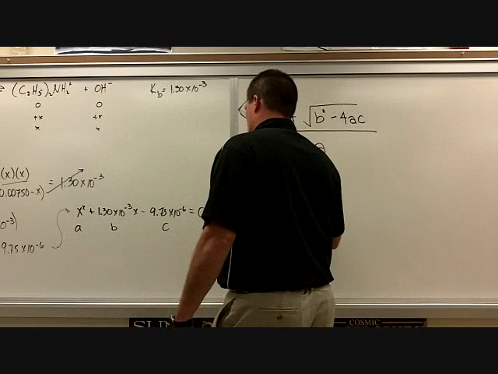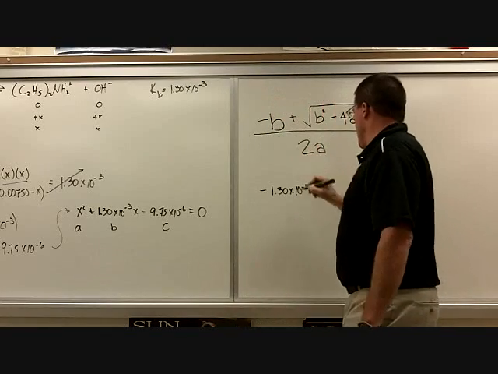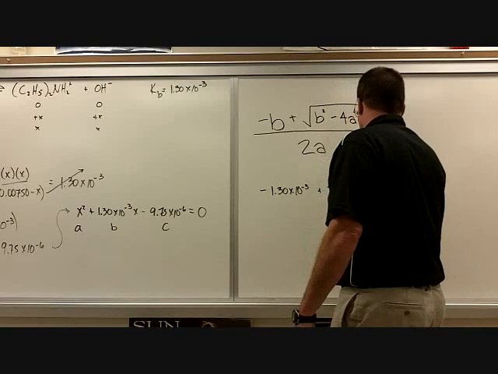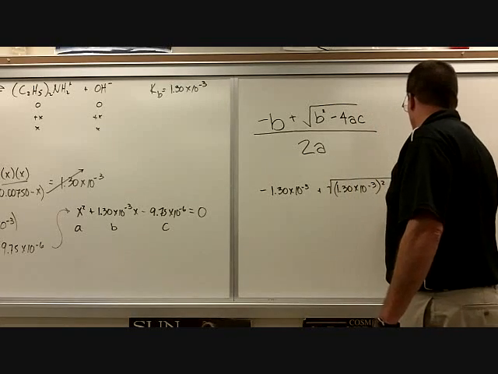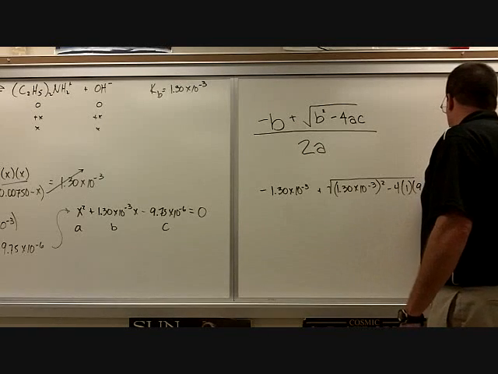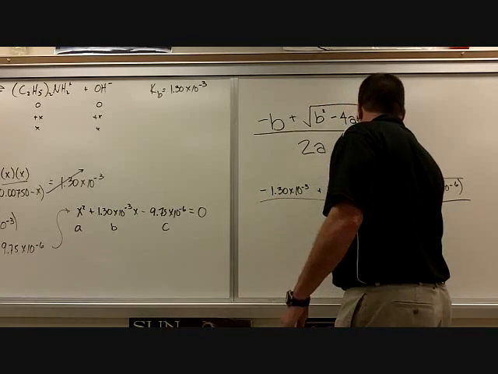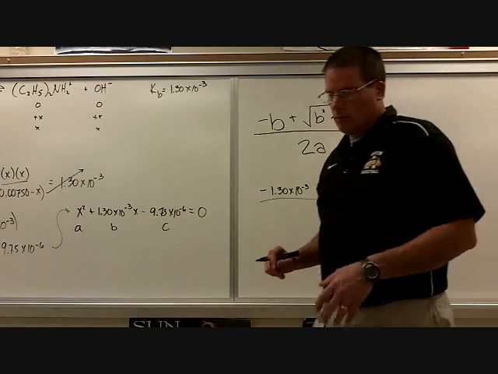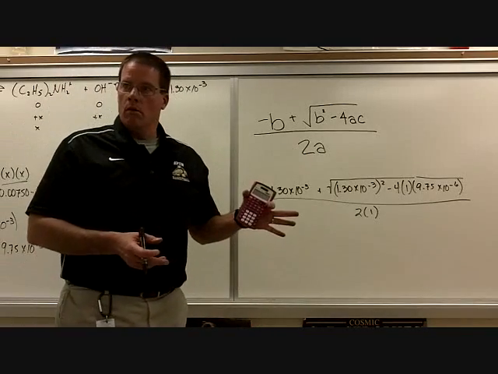So minus 1.30 times 10 to the negative 3, and we'll only add, and then 1.30 times 10 to the negative 3, square that puppy, minus 4 times, if you want to do 1, that's fine, 9.75 times 10 to the negative 6, and that's all over 2 times 1. Now, I will say that with the TI, I don't know why, it really has been giving troubles here.